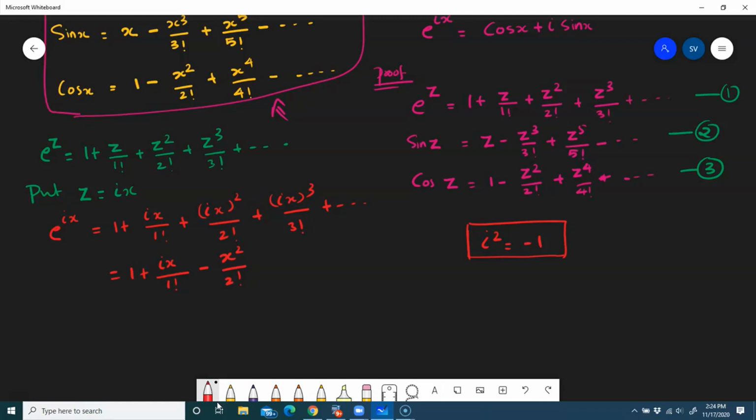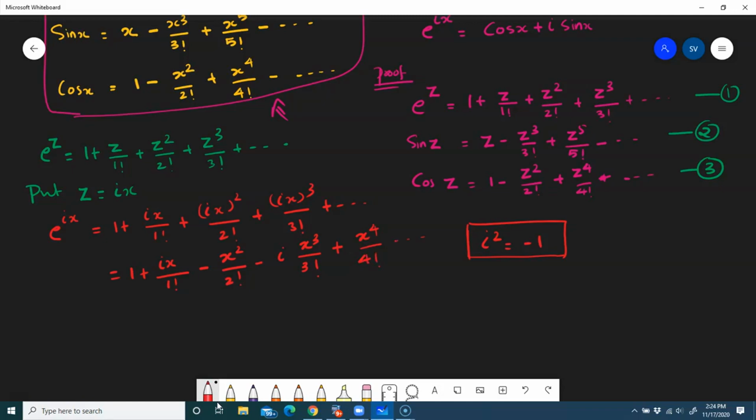And this is i cube; i square is minus 1, so i cube is minus i. So minus i times x to the power 3 by 3 factorial, and the next term will be plus x to the power 4 by 4 factorial, and so on. It will go like this.